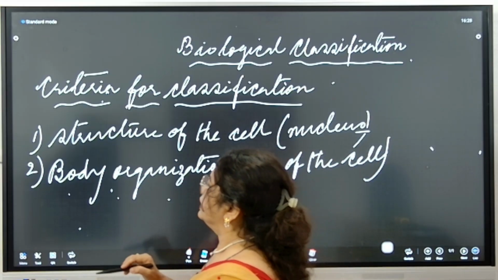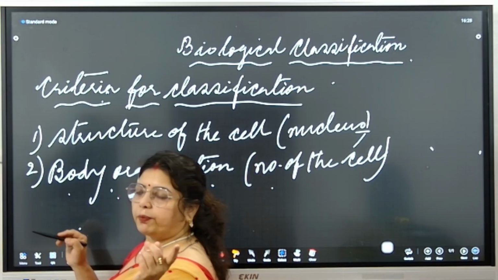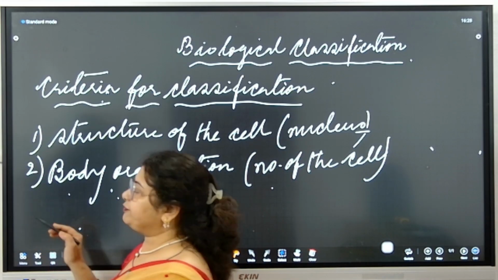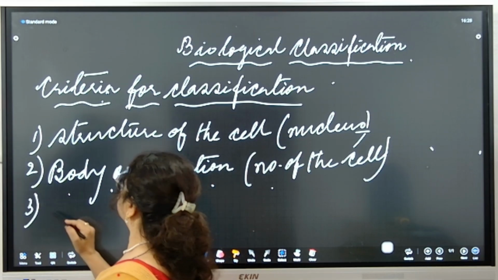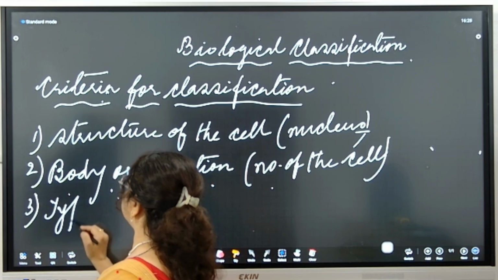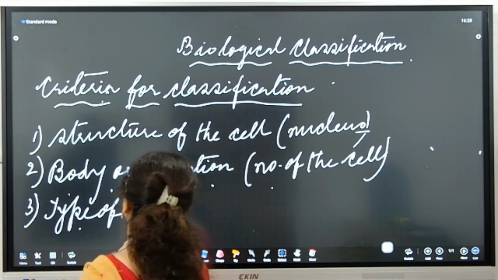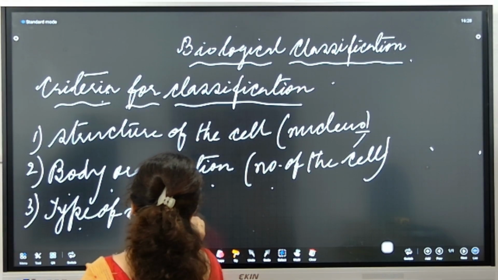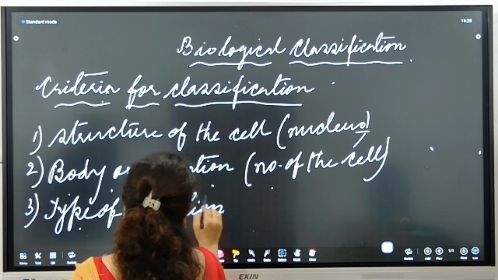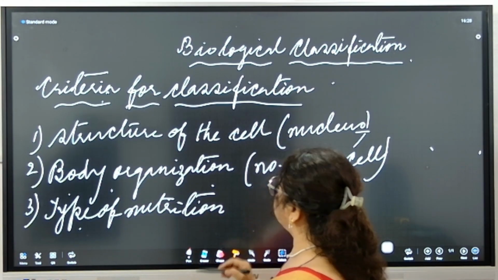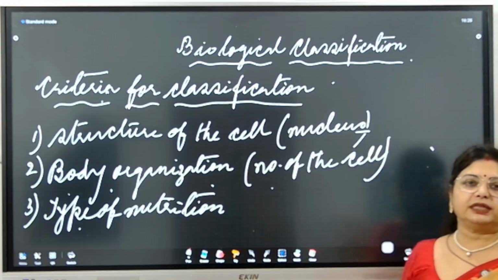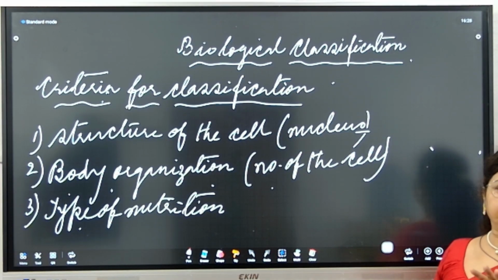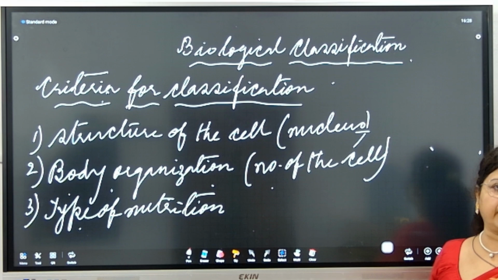Next, from the plant, the fungi were derived on the basis of the type of nutrition. Type of nutrition, that is the autotrophic and heterotrophic. These green plants were kept under plant kingdom. Fungi were separated from there because fungi could not make their own food.